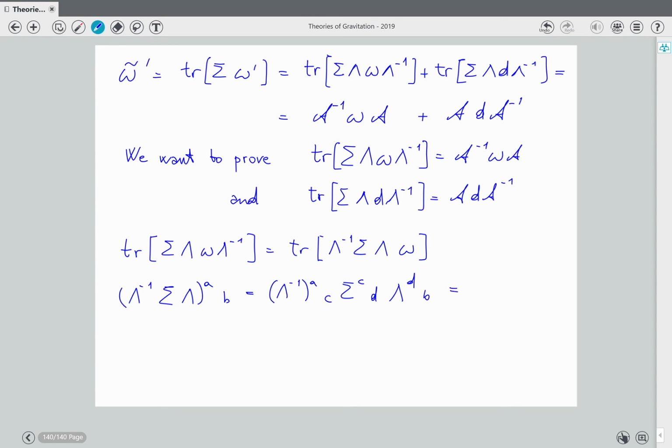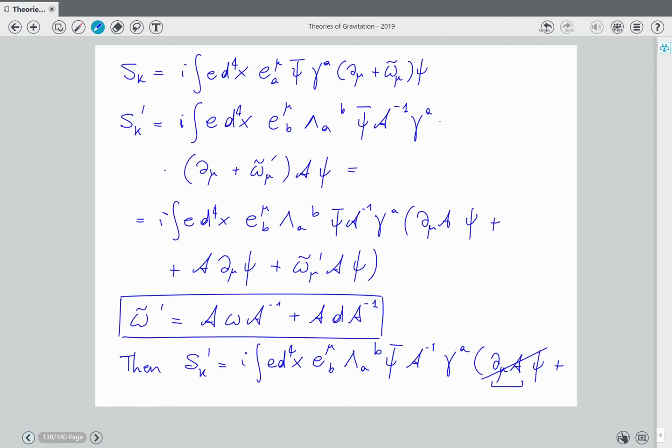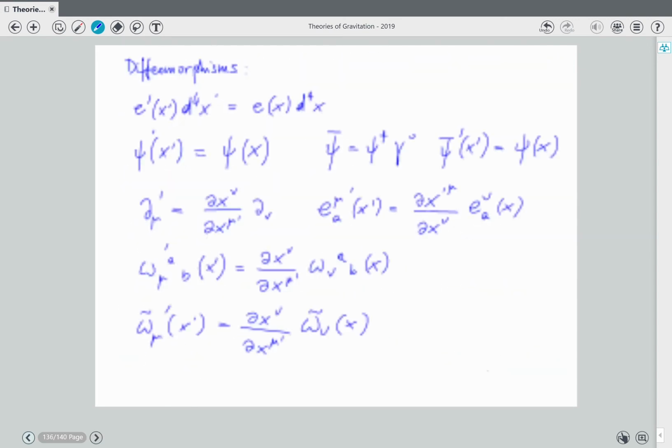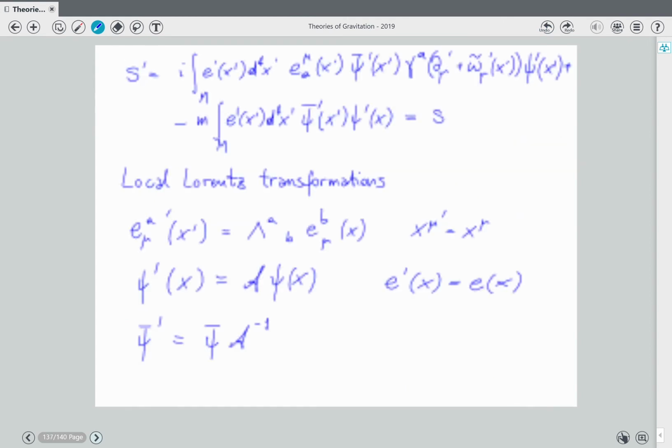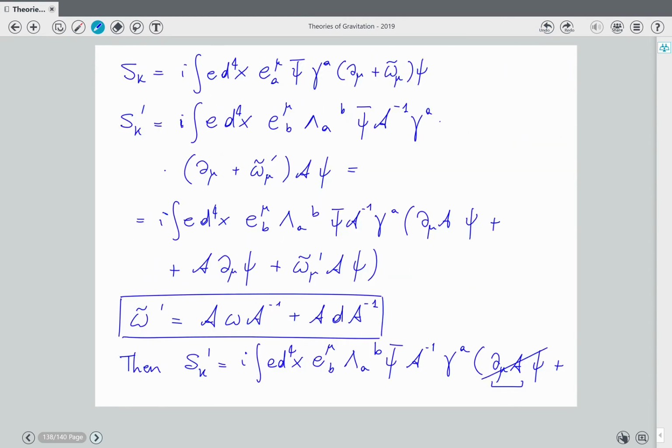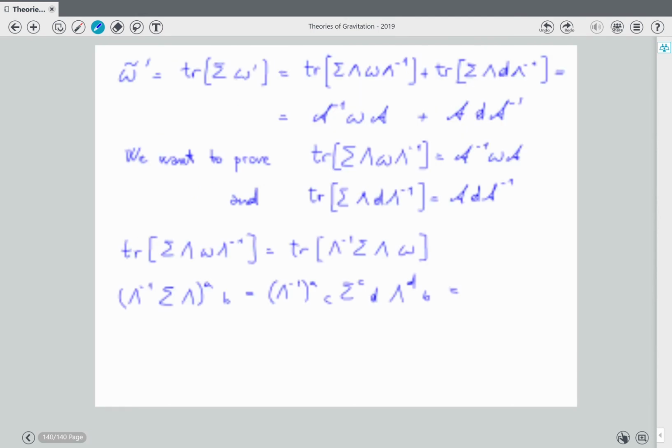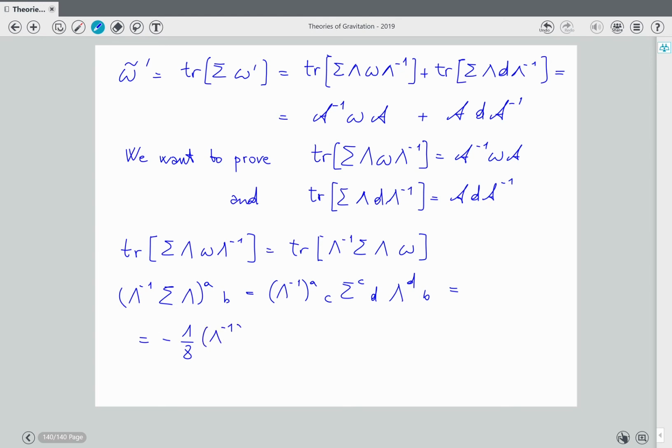And we know that sigma is minus 1/8 of a commutator. There it is. That's equal minus 1/8. Let's replace this with a commutator.